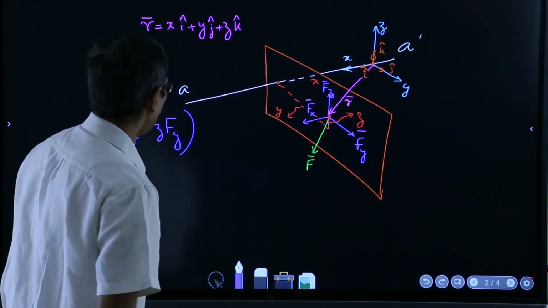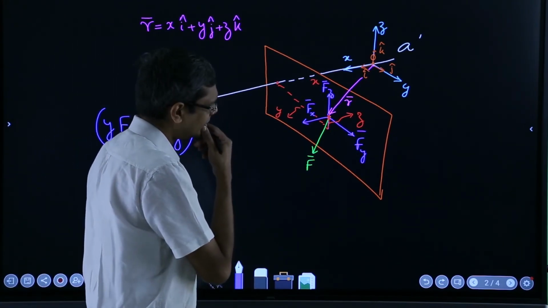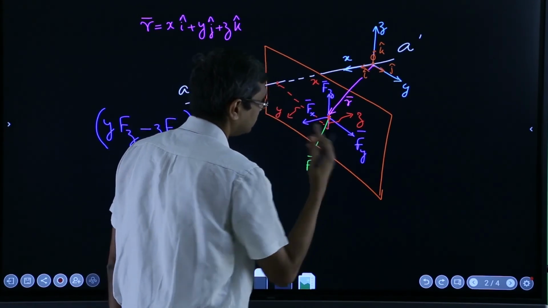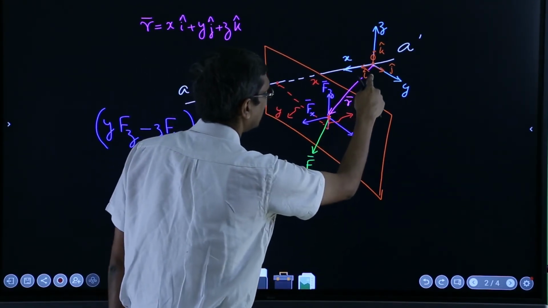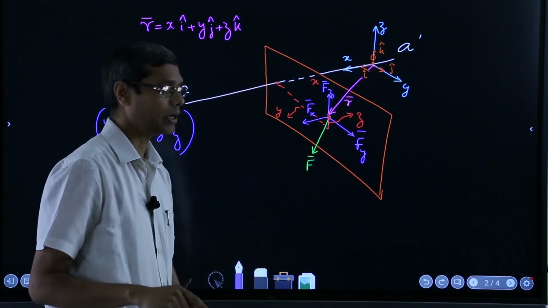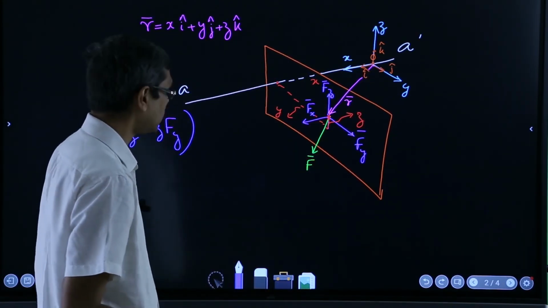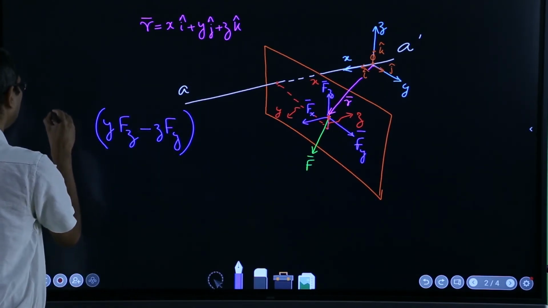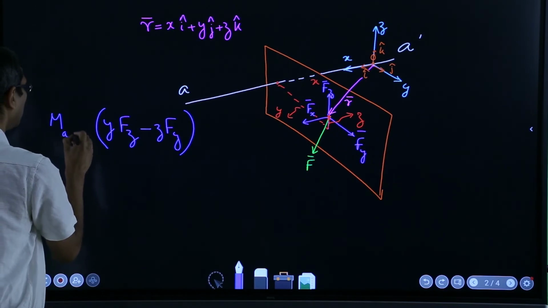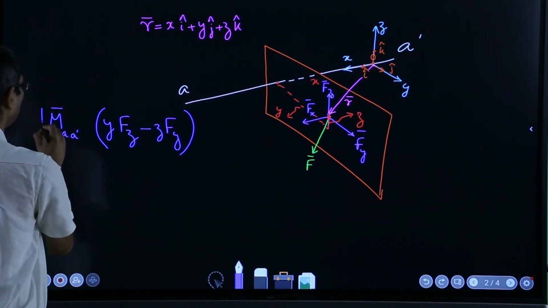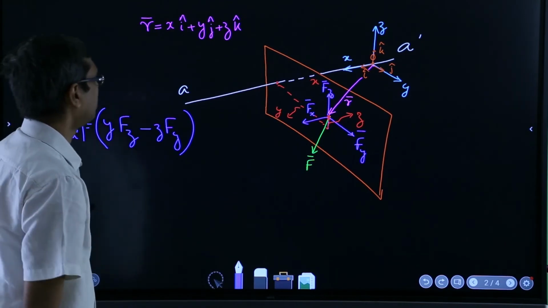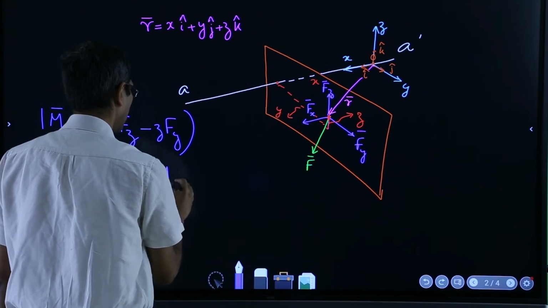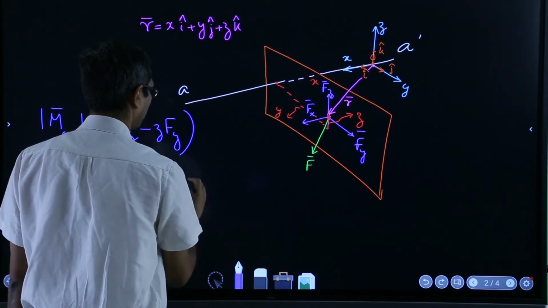But then we had also calculated earlier the moment about this point, how to calculate that, right? We saw that in the previous section. So this I will now denote with m a prime, okay. And now let us calculate what will be the m about the point O, the vector.